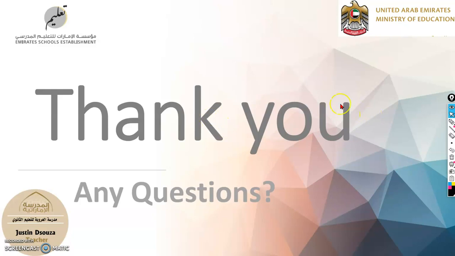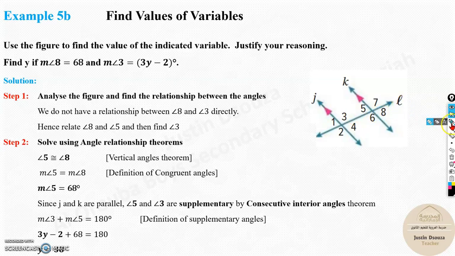Looking at the figure, understand that opposite angles are always congruent. If they are vertical opposite angles, they are congruent.